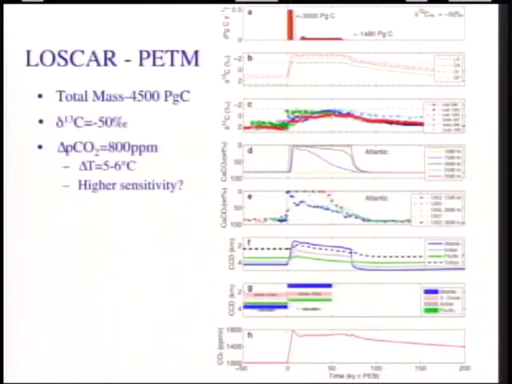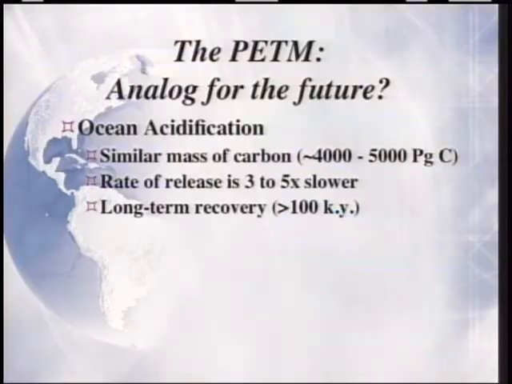To account for this sort of warming, we would need something more like a 2,000 ppm rise in CO2, which means either we've underestimated the amount of carbon that was released, or that the sensitivity of the climate system is more enhanced than we are estimating, for reasons that are unclear.